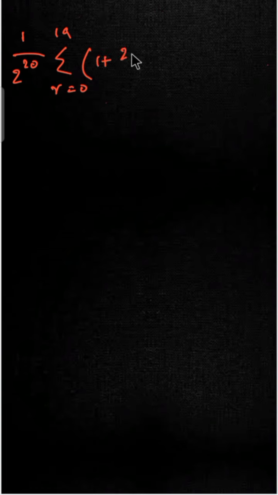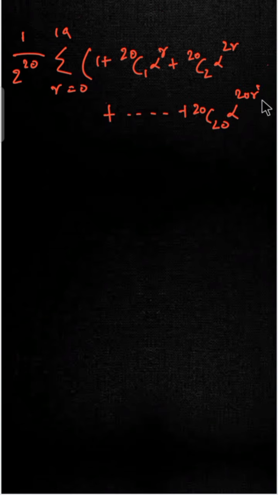So what I'll be getting is 1 by 2 power 20 sigma r equal to 0 to 19. This is nothing but 1 plus 20c1 alpha power r plus 20c2 alpha power 2r plus so on, plus 20c20 alpha power 20r, isn't it?